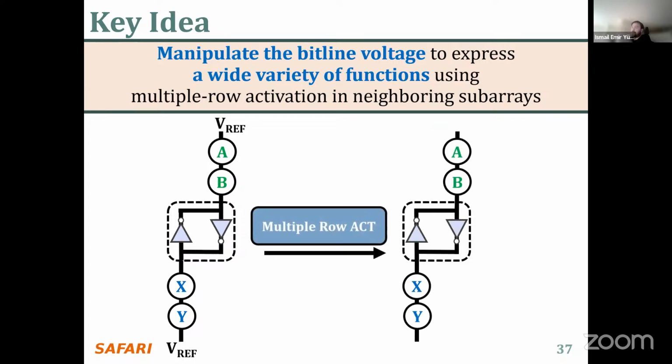When we perform multiple row activation, what happens is that the bitlines, before sensing, become a function of the data that is stored in the activated cells.